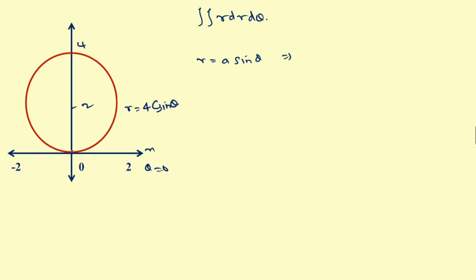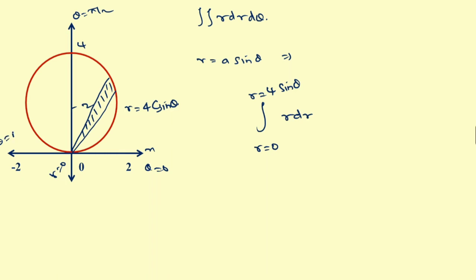Now we draw the radial strip. The radial strip runs from r equal to 0 to r equal to 4 sin theta. So integral r equal to 0 to r equal to 4 sin theta, r dr. Here the radial strips start from the initial line theta equal to 0, cross theta equal to pi by 2 and end with theta equal to pi.